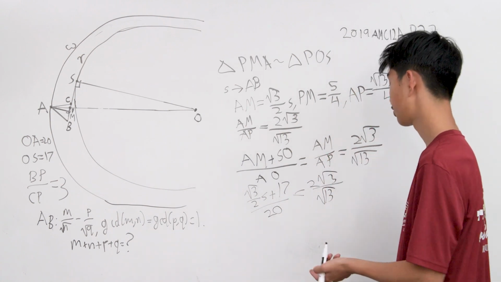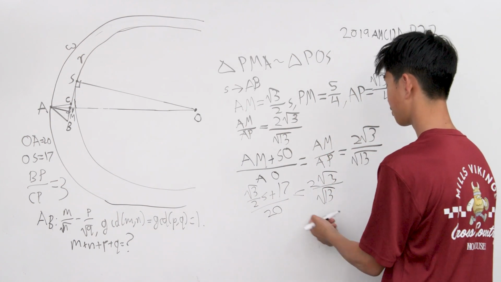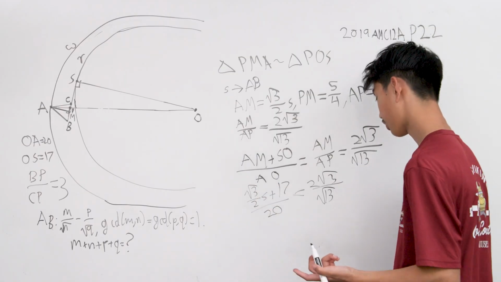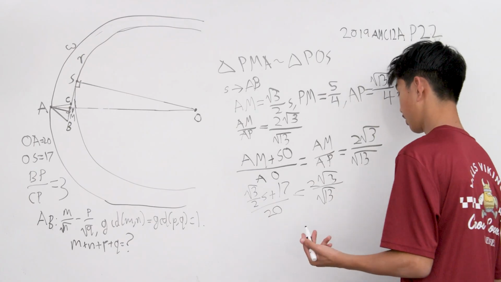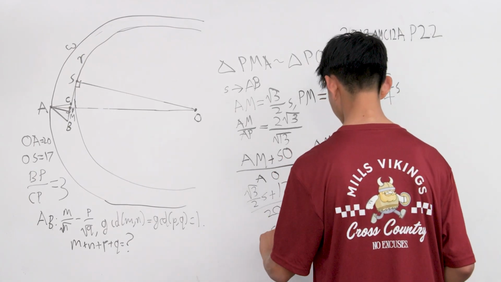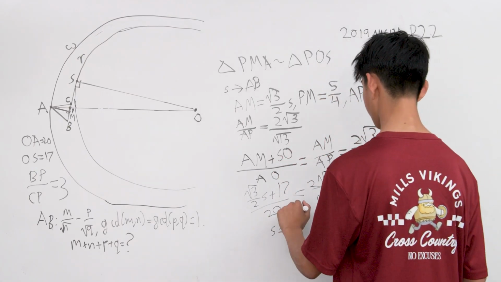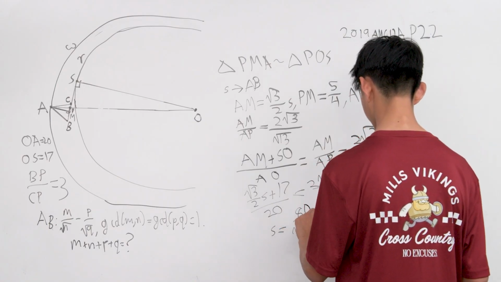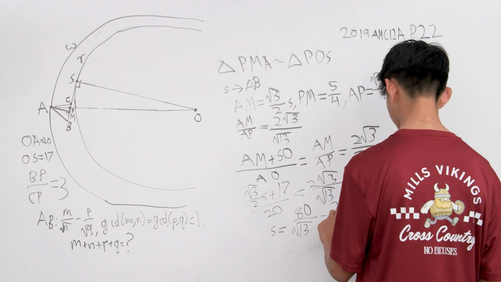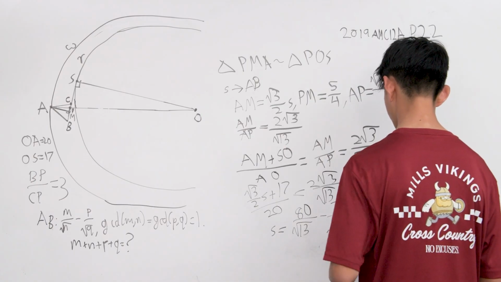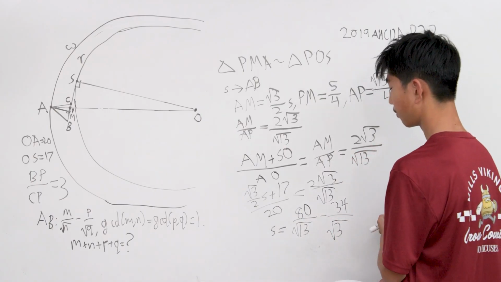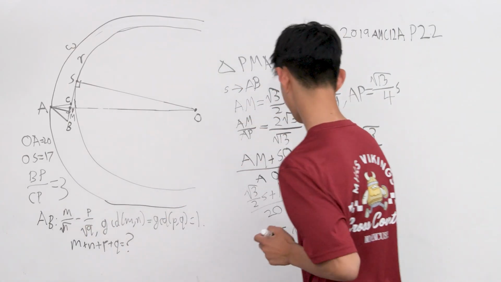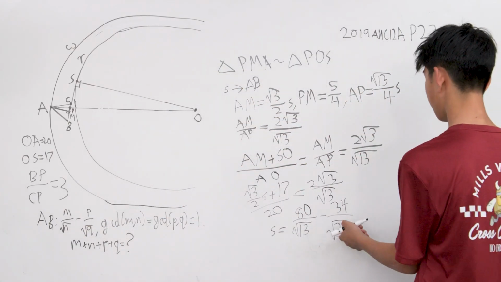Now, what you do is just multiply 20 over, subtract 17, and divide by root 3 over 2 to solve for S, basically isolating the variable. This is all you do. Then you get S is equal to 80 over root 13, I believe, minus 34 over 3. So what you want to do is get in the form of this and check that they're all relatively prime, and they are.